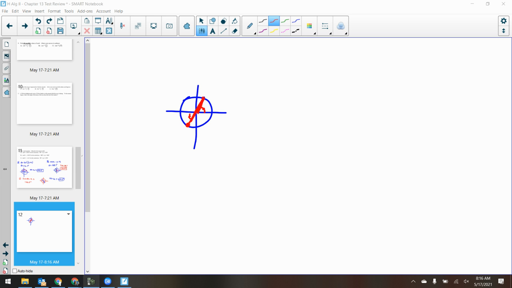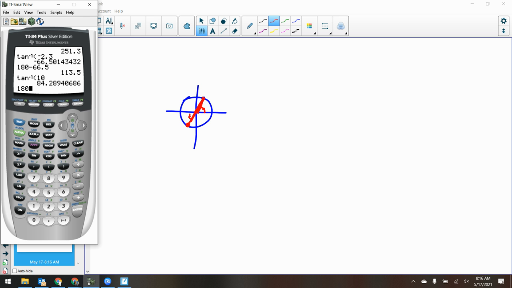So it would be 180 plus 84.3. 264.3. Does that make sense? So it's just drawing it out and logically reasoning through where that angle falls, how it fits within my restriction, and what geometrically I can do to find that angle.